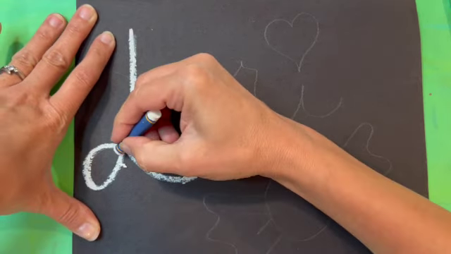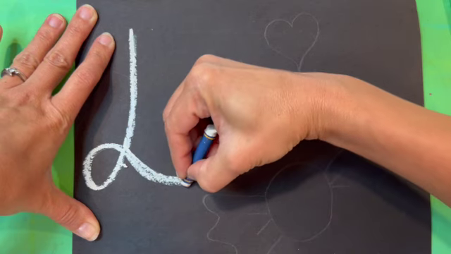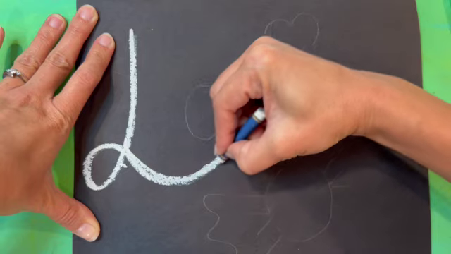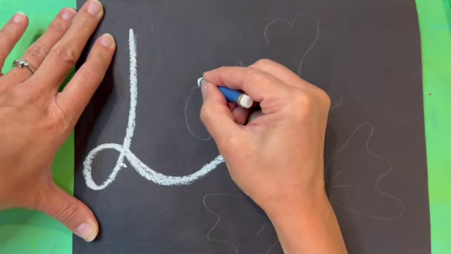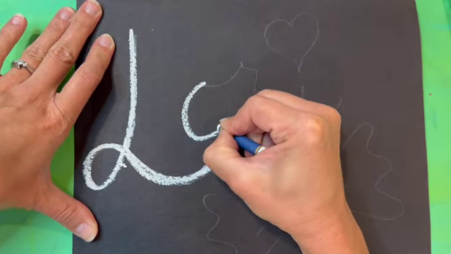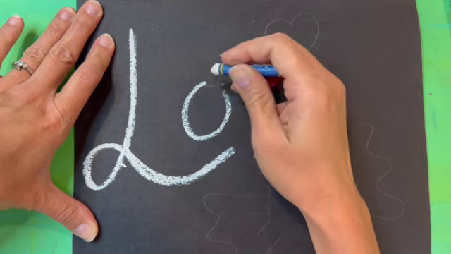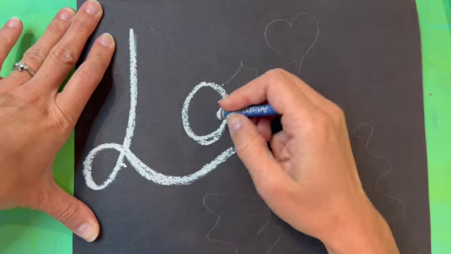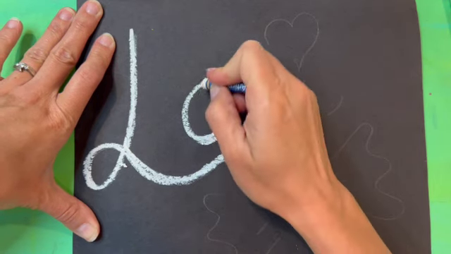And of course, because we're using white on black, it stands out really nicely. So I'm going to go ahead and have that all nice and bright. I'm going to continue tracing my other letters, my O, and if you need to, you can go over it a couple times just to make sure that your lines are really dark.